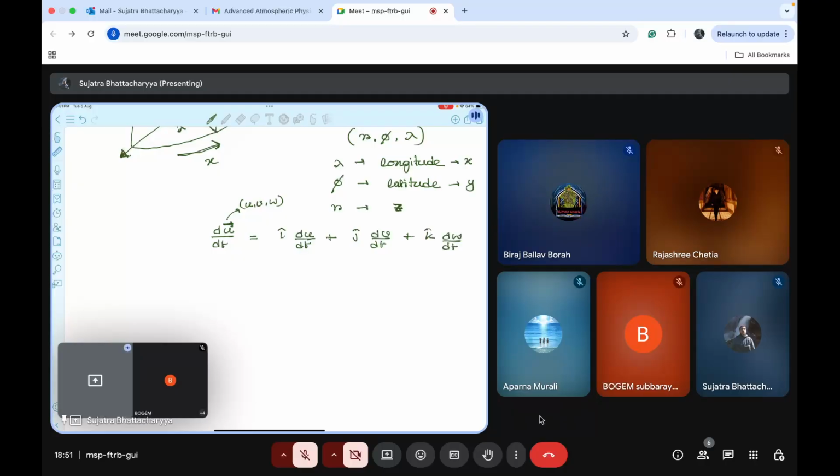But when we are converting our coordinates, this is fine for the Cartesian coordinate. But if you are converting the coordinate to spherical polar, then i hat changes, j hat also changes, and k hat also changes with time. Okay, not with time actually, but the total derivative will change. Total derivative means not only with respect to time but also with respect to space.